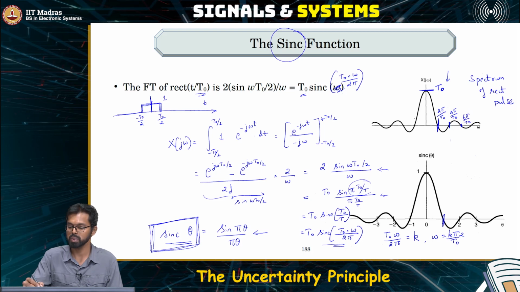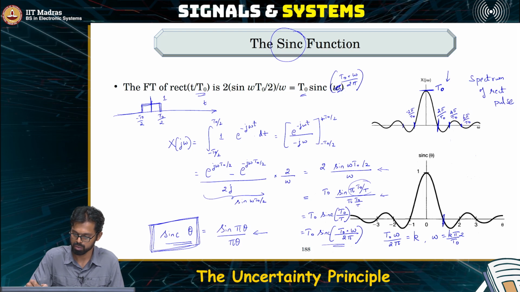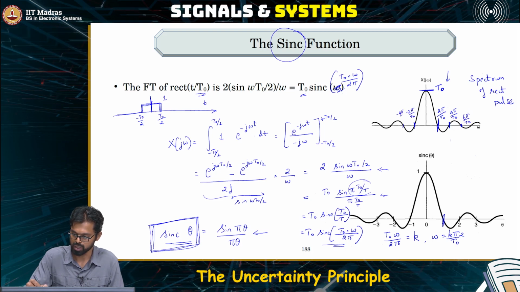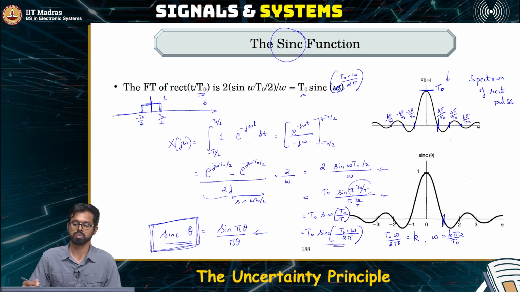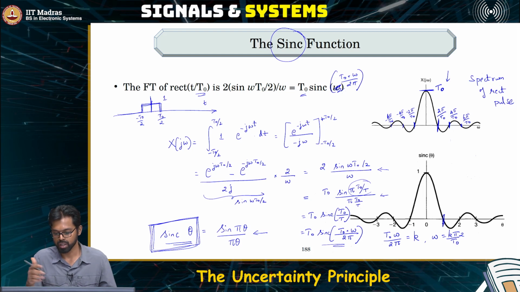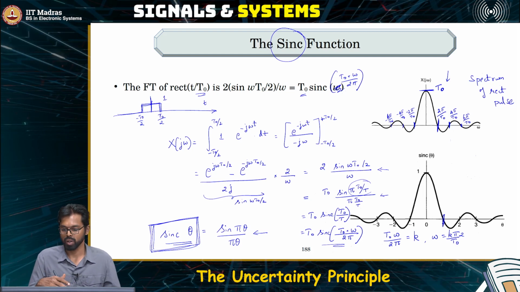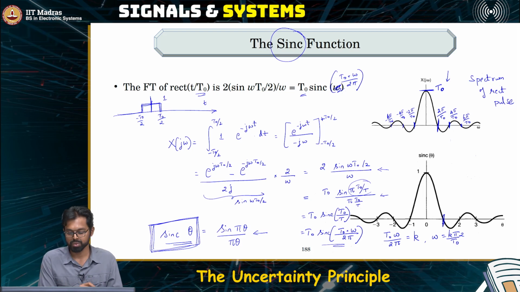And of course, this is a symmetric function. For that reason, we have minus 2 pi by t naught here, minus 4 pi by t naught, and minus 6 pi by t naught, and so on. So this is the spectrum of the rectangular pulse, and we know exactly where there is a 0 crossing, and we know exactly what is the amplitude, everything just by computing this Fourier transform.